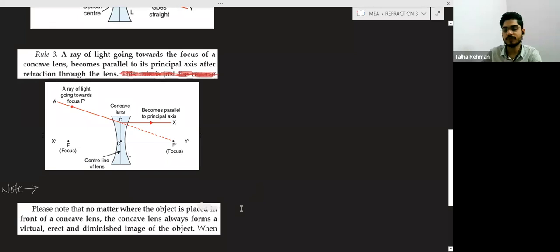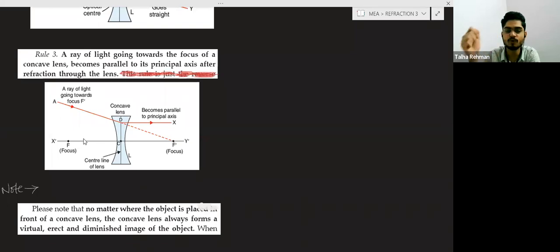In case of convex lens, there are different positions of the object in front of the convex lens, and we got different types of images. But in case of the concave lens, anywhere you place the object in front of the lens, you are always going to get a virtual, erect and diminished image.